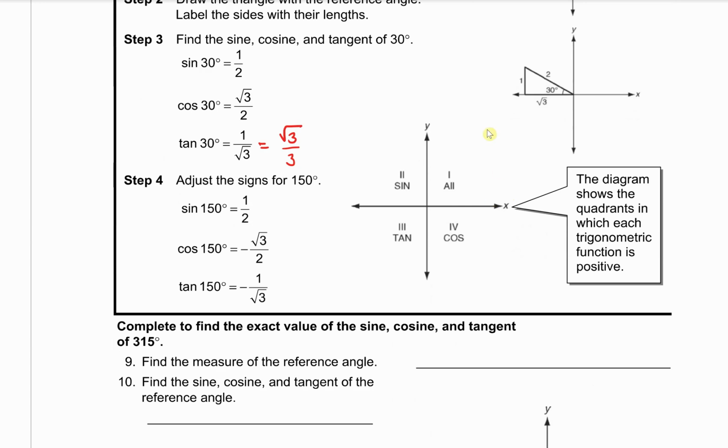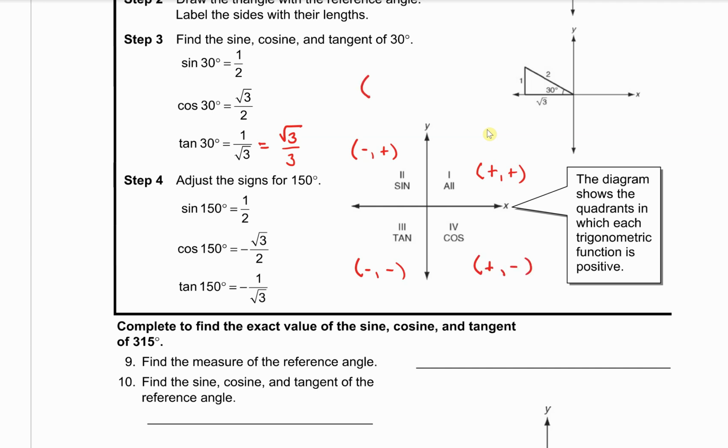So to adjust the signs for 150, well, in the first quadrant, we're positive, positive. In the second quadrant, we are negative, positive. In the third quadrant, we are negative, negative. And in the fourth quadrant, we are positive, negative, right? We know that.